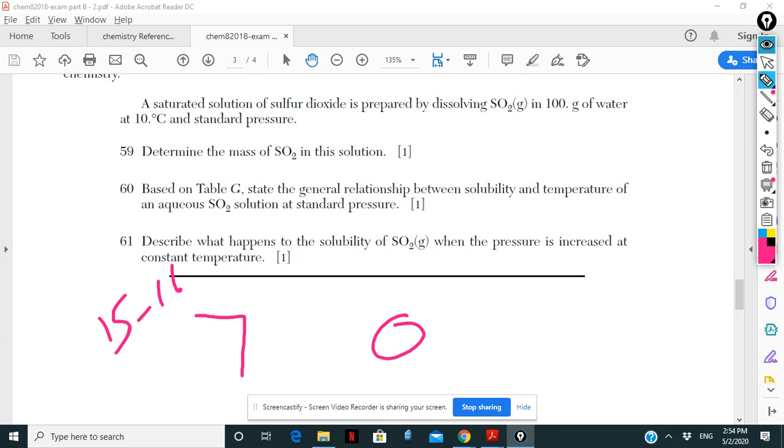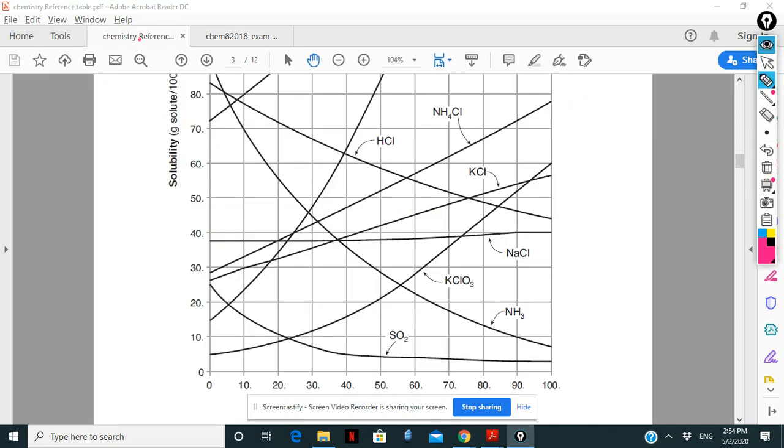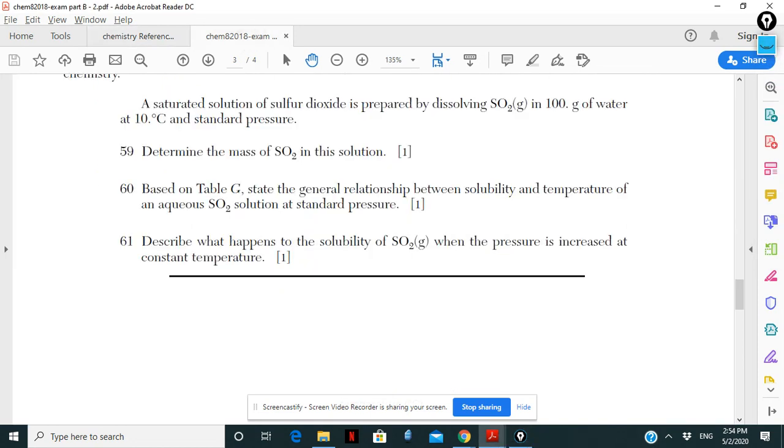Now, based on Table G, it generates a relationship between the solubility and the temperature. So if you're looking here, here's the temperature. As the temperature increases, what's going to happen? You're seeing the chart going down. So the solubility decreases as the temperature increases. That's the relationship between both of them.